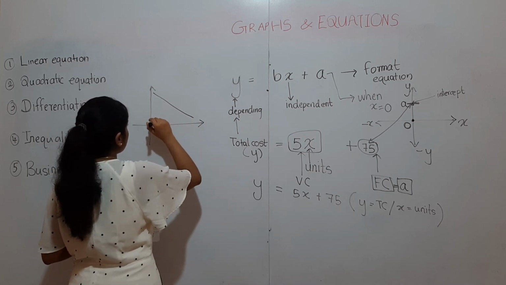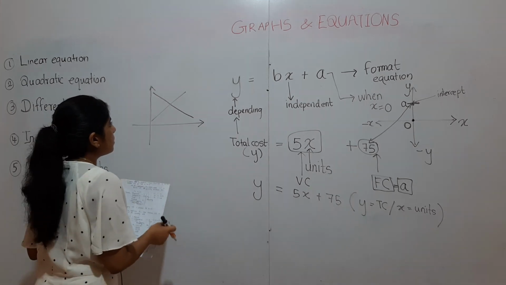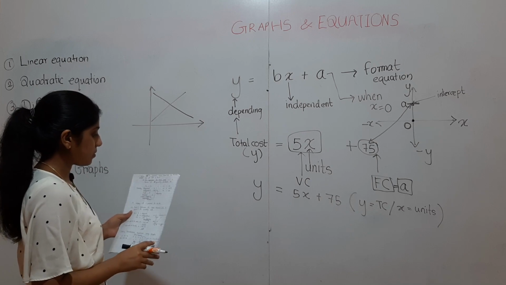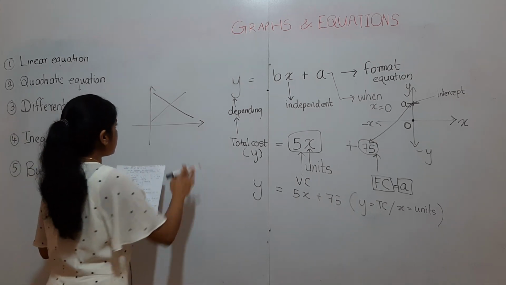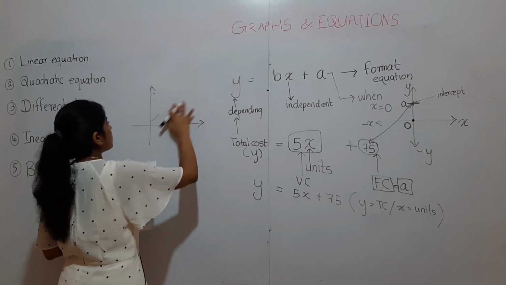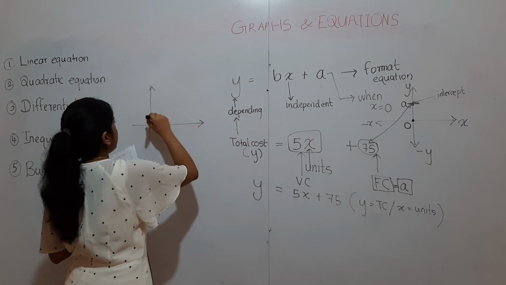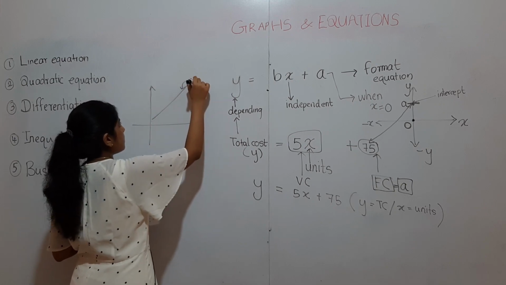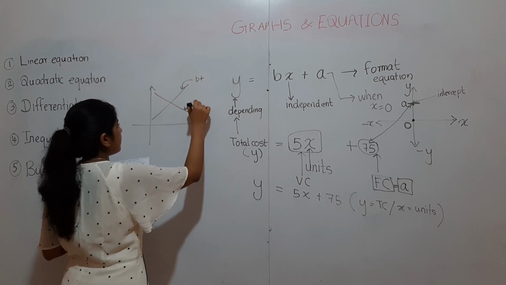Negative gradients move this way. So when the gradient is positive, it moves this way. That means when B is positive. When B is negative, it moves the other way.